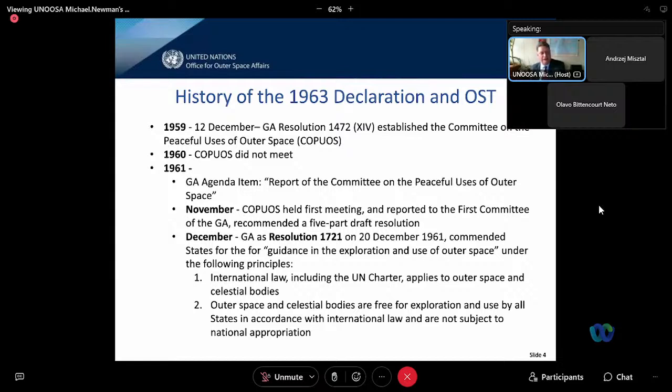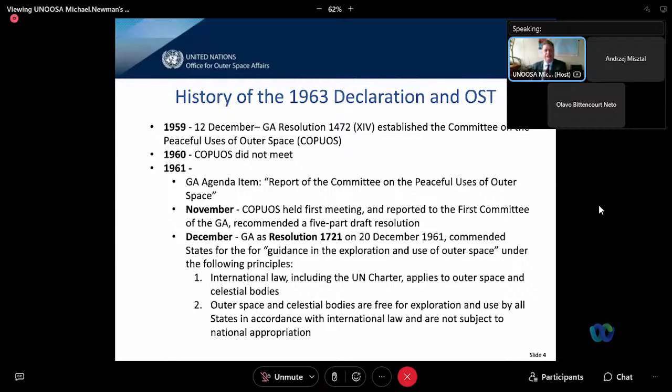And of course, this was under the chairmanship of Manfred Lachs, the father of space law. We will see how he played a role, as I will mention in a number of ways as we go through my presentation here. And so in December of 1961, after COPUOS had met, the GA passed Resolution 1721.